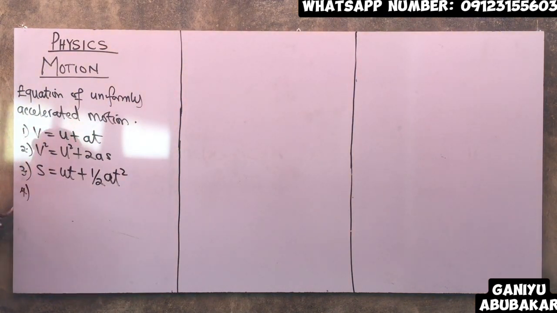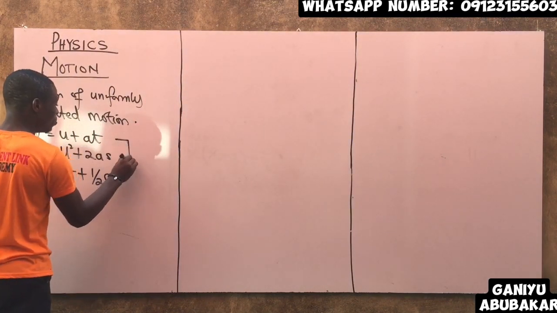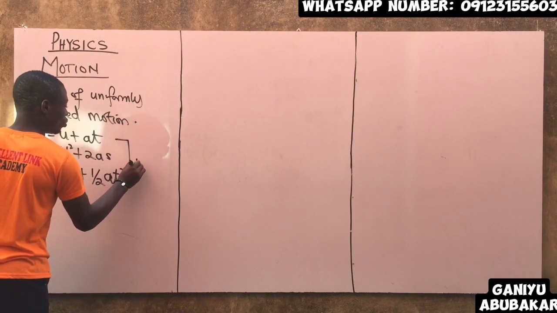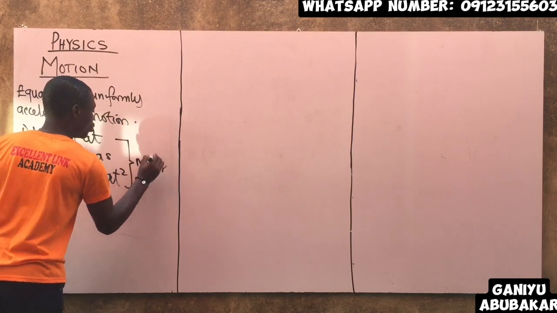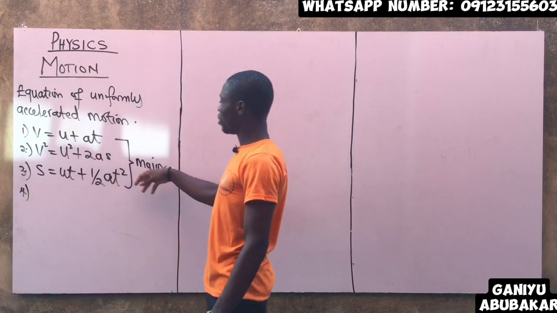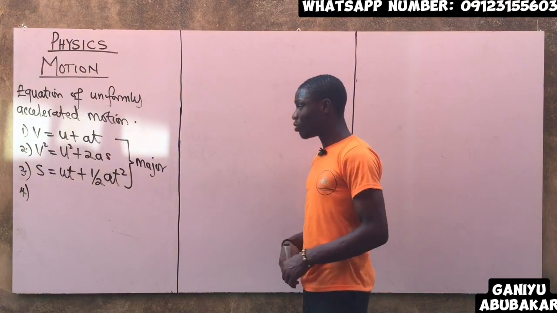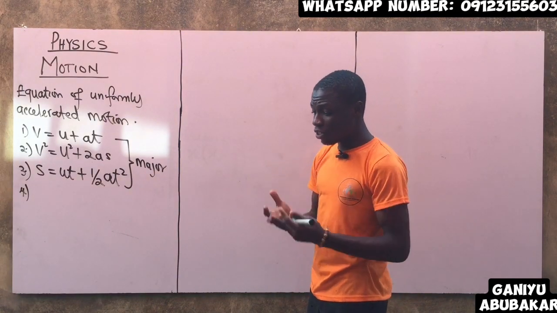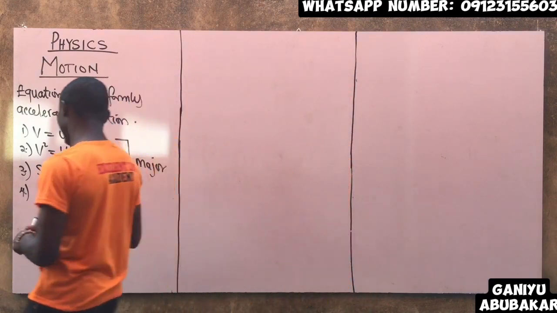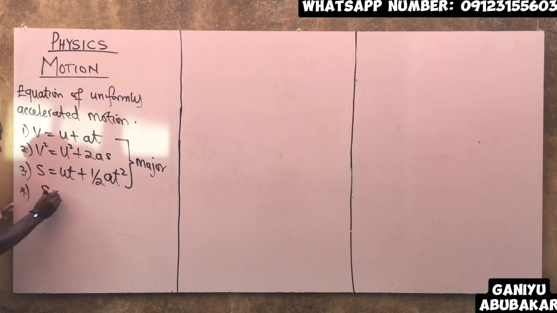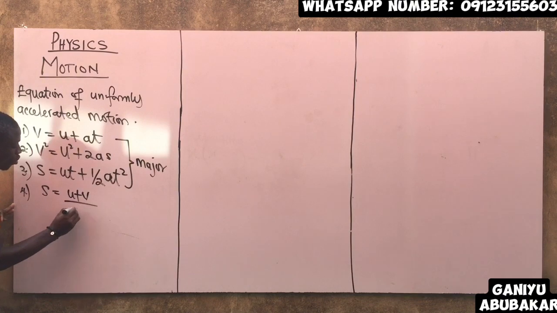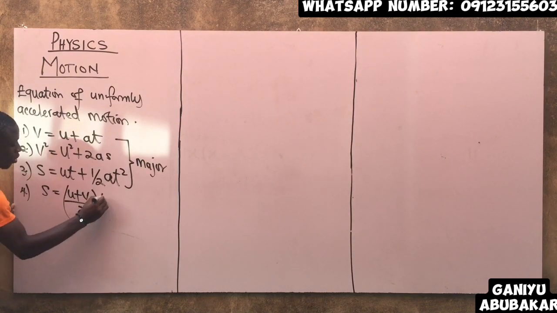These are the three major equations of motion, right? These are the three main equations of motion, but there's still one more, which is not very common. That's x is equal to u plus v all over 2, times t.